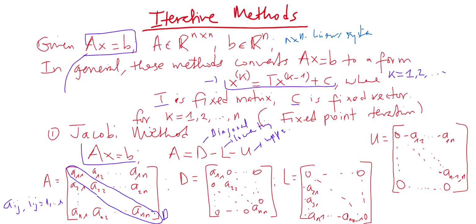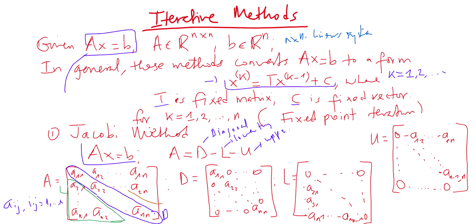But the distinguishing thing is that for the upper and lower triangular matrices, we add negatives to them. The lower triangular matrix L consists of all the terms, and likewise the upper triangle.